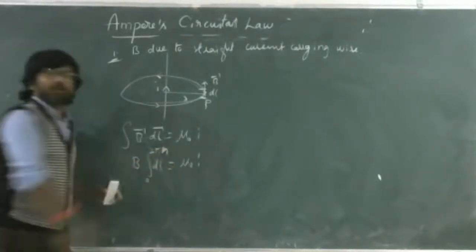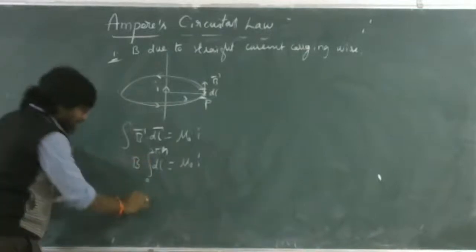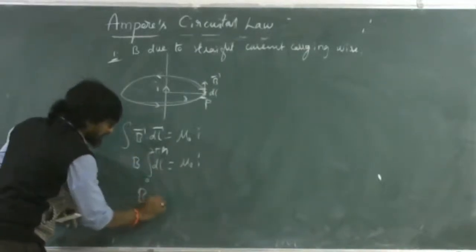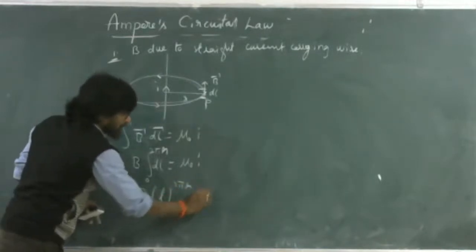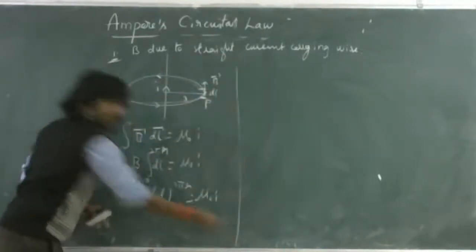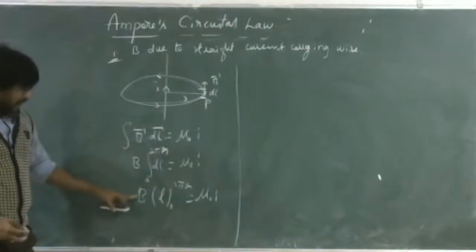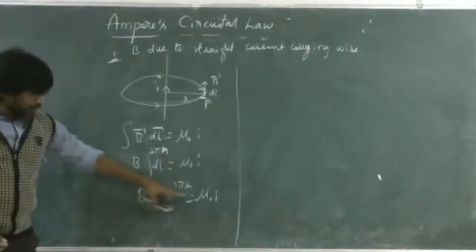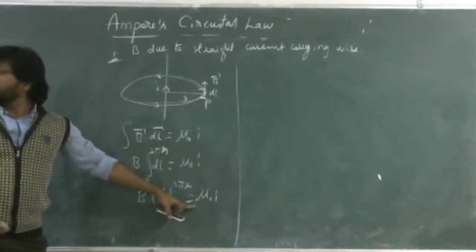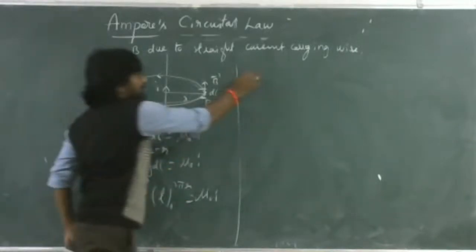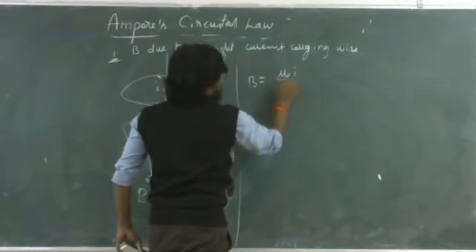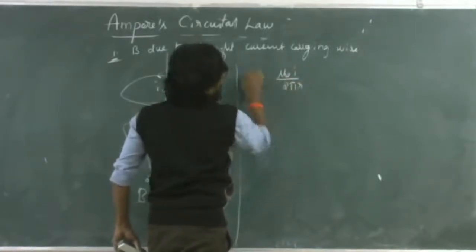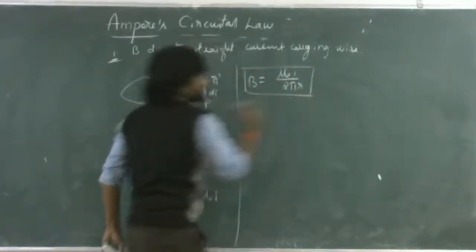So B into 2 pi r is equal to mu naught I. Therefore B is equal to mu naught I by 2 pi r, the magnetic field due to this conductor.